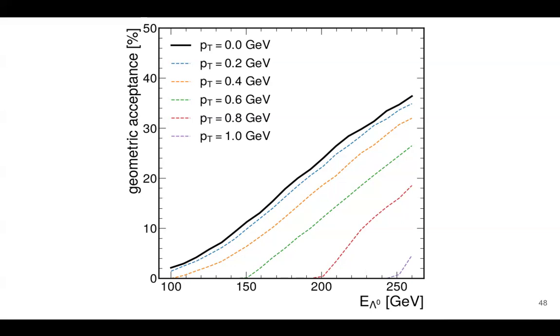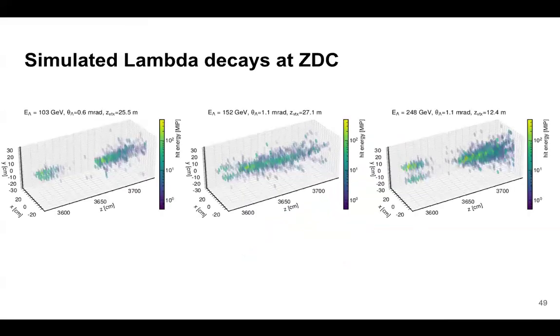Then this grows at high energy, and the higher the energy you go, you have a higher range in PT. So this measurement, just from the pure geometrical acceptance point of view, is feasible, but it gets messy when you simulate the real signals that we are going to see. And this is what this picture is showing you. These are 3 lambda events at different energies.